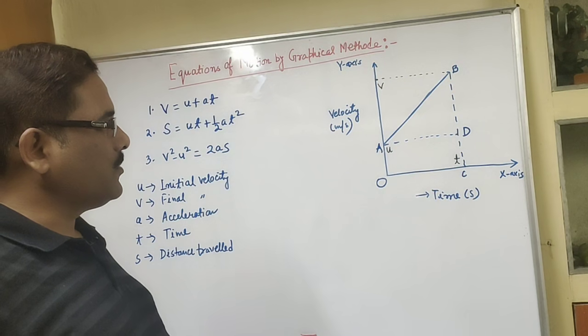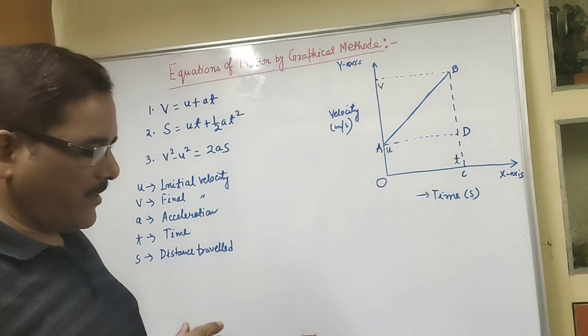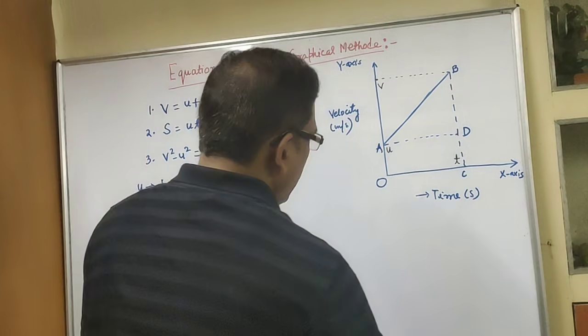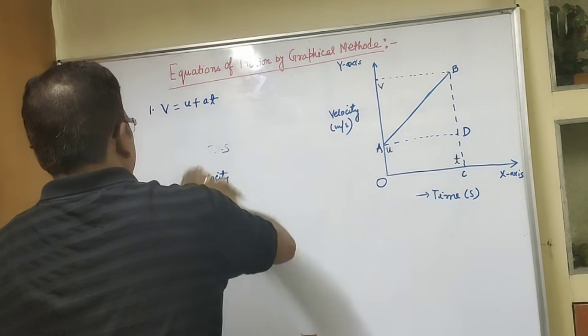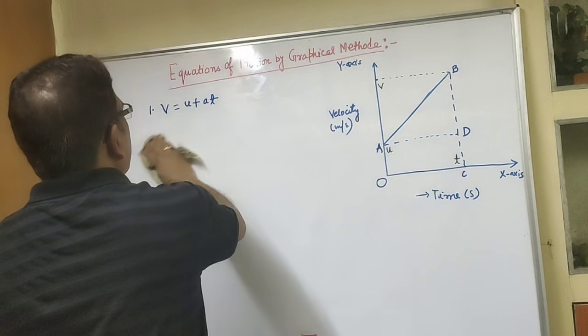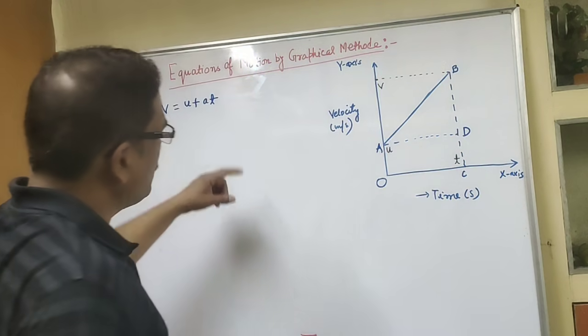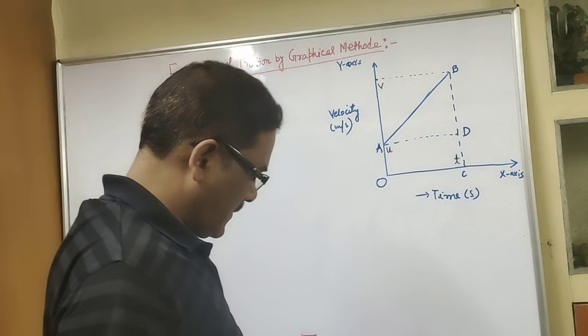So first you have to describe the graph whenever you derive the equations. So first of all we will derive this equation, v = u + at.